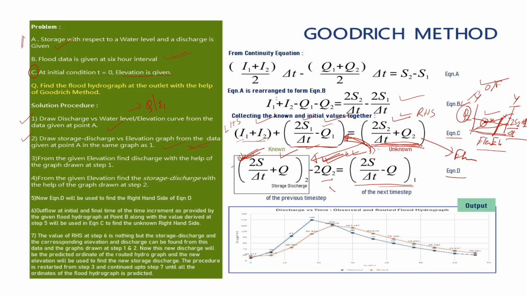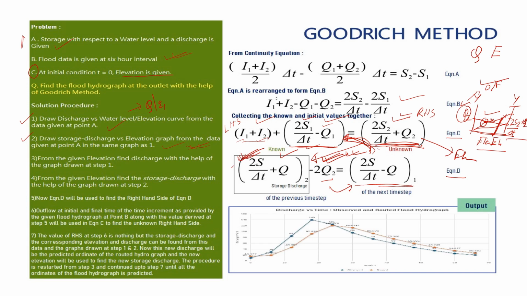Then you find 2S by del t minus Q again, put it here, and again add I1 plus I2, and you will find another one here. In this way, for all the inflow discharge of 48 hours, you will get the outflow discharge as well as the elevation on the 48-hour time scale.